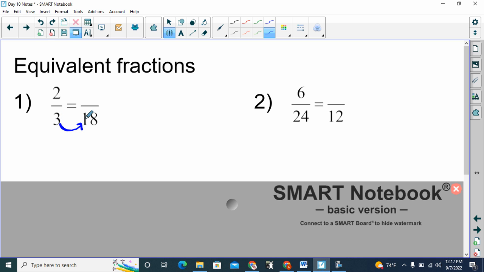To go from 3 to 18, did I multiply or divide by what? And whatever I did, I need to do the same thing to the top. So 3 times 6 is 18. If you're not sure, do 18 divided by 3, and that'll tell you what you multiplied by. We need to multiply the top by the same thing, times 6. 2 times 6 gives me 12. 12 over 18.